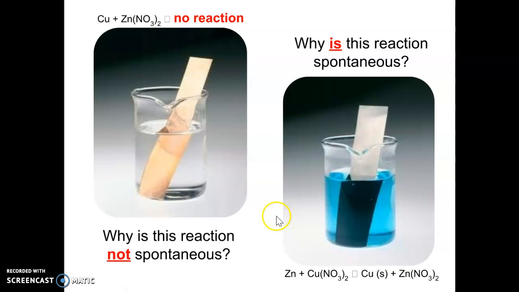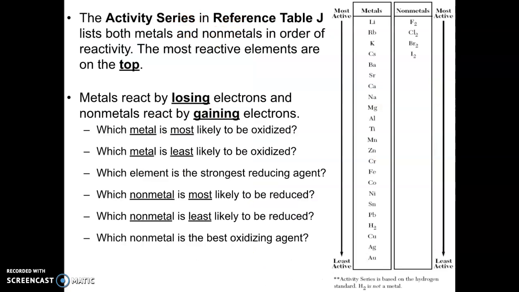And in this situation, once it switches places, it's losing electrons to form the ion. So whoever is in the ion form is the thing that's oxidized. The fact that it's the more active metal and starts off as a solid is the reason why this reaction has occurred. So metals react by losing electrons and nonmetals react by gaining electrons.